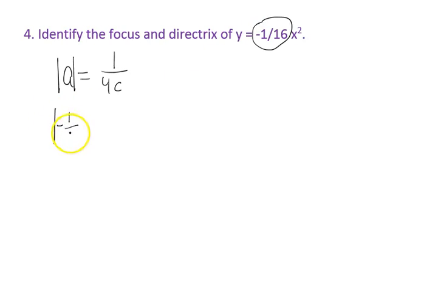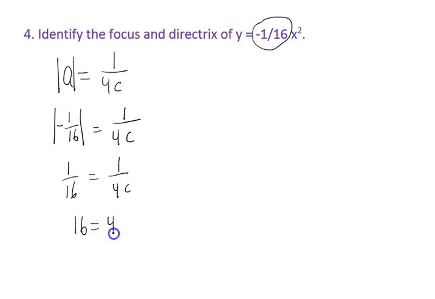So the absolute value of -1/16 equals 1 over 4C. Well, absolute value turns things positive, so we have 1/16 equals 1 over 4C. And you can either just equate the bottoms or realize it's cross multiplying, and the 16 would equal the 4C. And if you divide by 4, your C ends up to be 4.